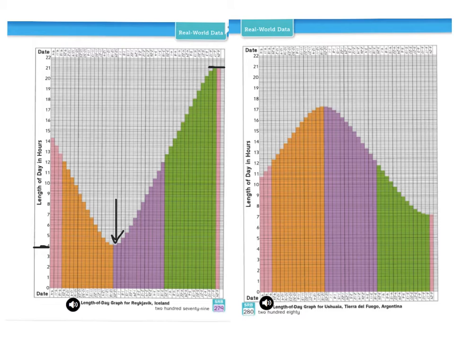In Argentina, conversely, the largest amount of daylight happened in December. So it's completely opposite Iceland. They had the most daylight in December, with a little over 17 hours, and they had the least daylight in June with only about 7 hours.